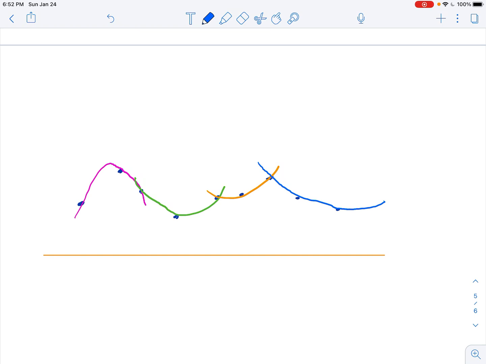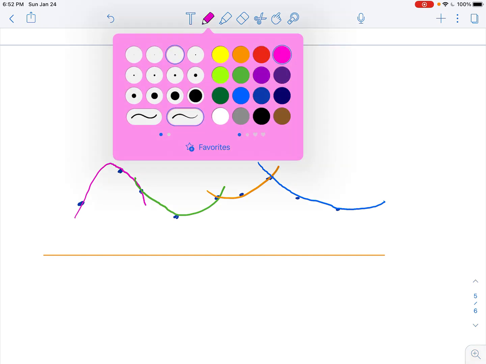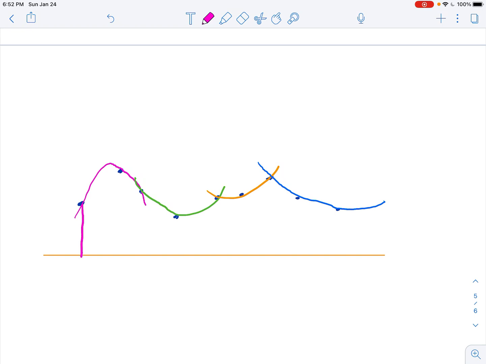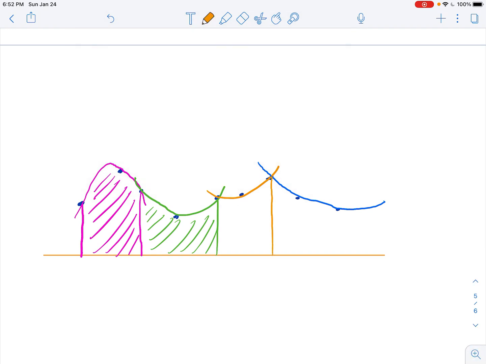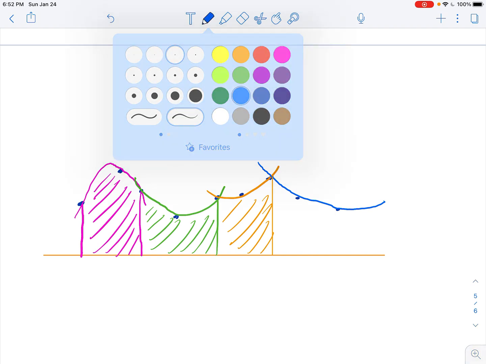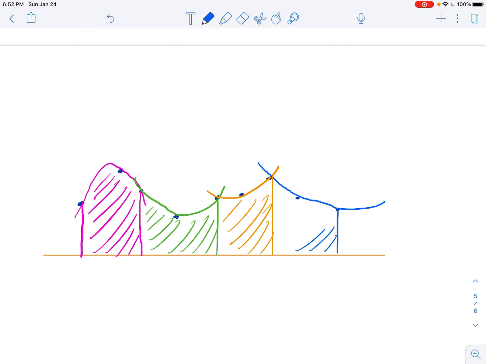And in theory, you could estimate an area by saying, all right, I'll take the area under this pink parabola plus the area under this green parabola plus the area underneath this orange parabola plus the area underneath this blue parabola.